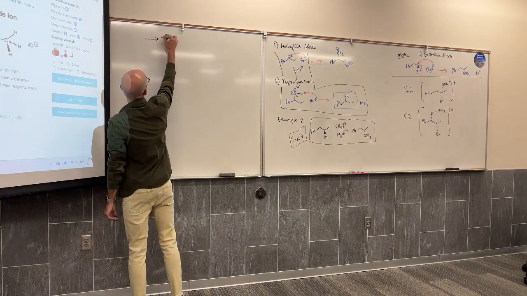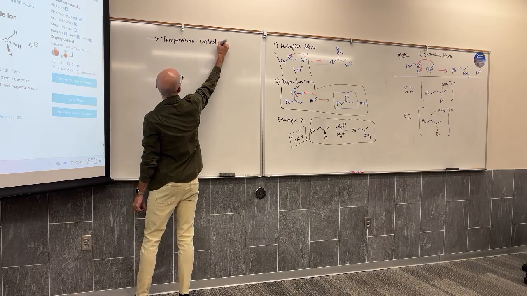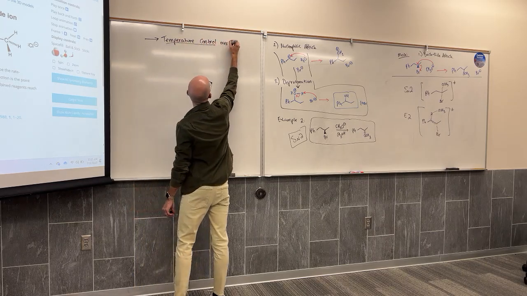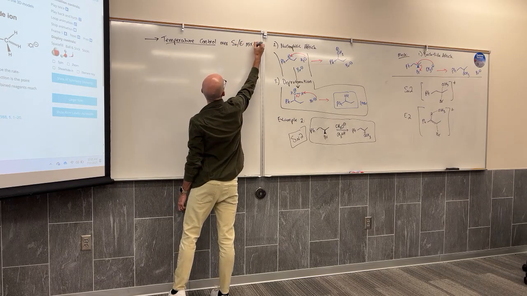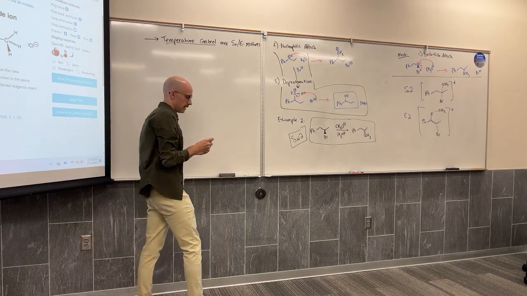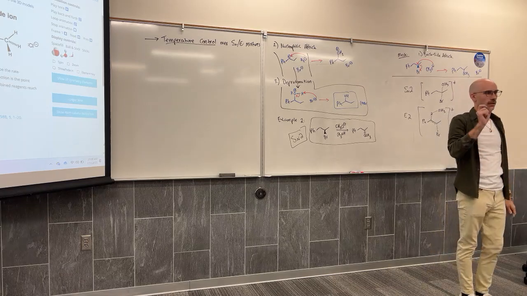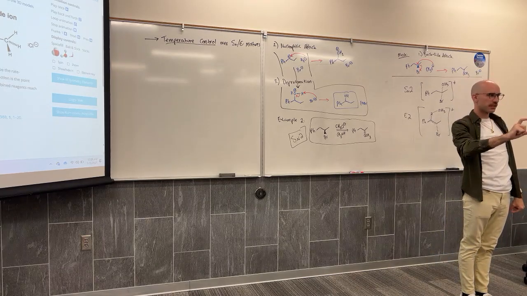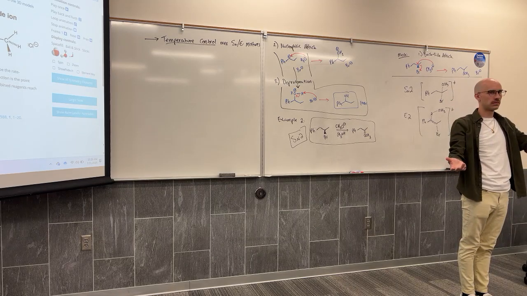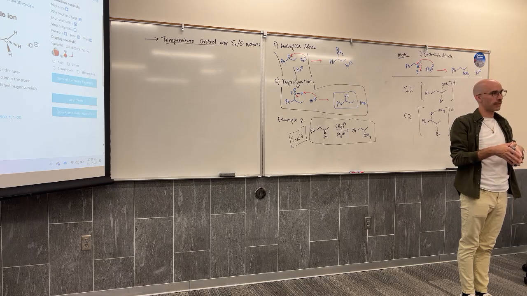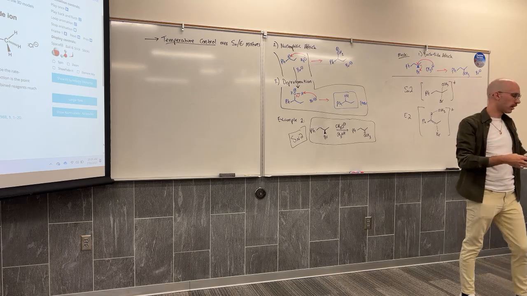So this leads us to temperature control. Anywhere on that table that we generated yesterday, where a reagent reacts with a specific substitution to give either substitution or elimination, we can actually control the temperature of that reaction to promote either substitution or elimination.